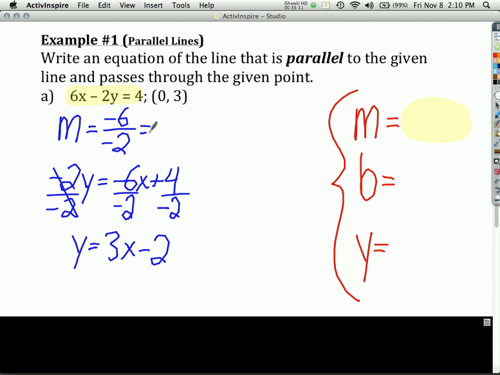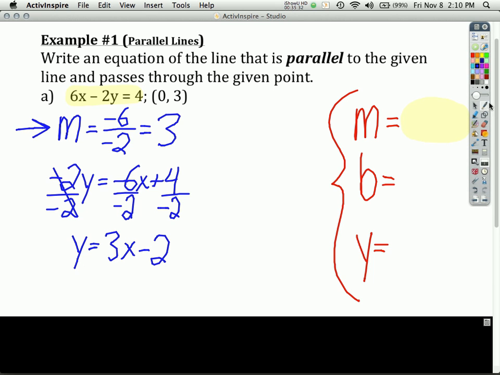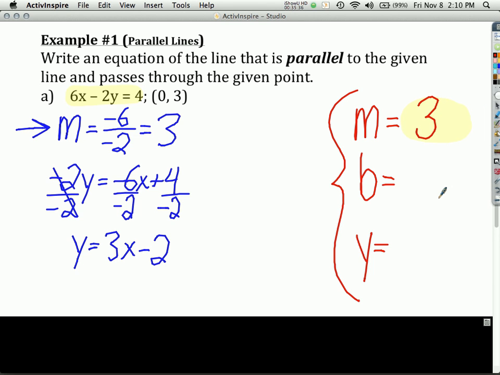Either way, I can see the slope is 3. This is certainly faster. So if you understand how that works, then by all means do that. If you get confused by the -A over B, which I sometimes do, you can always resort to this. But what we've done is we've extracted the hidden slope. The hidden slope was 3.